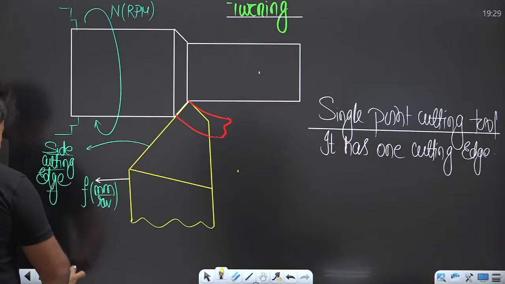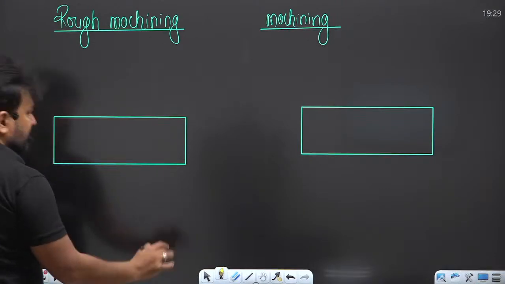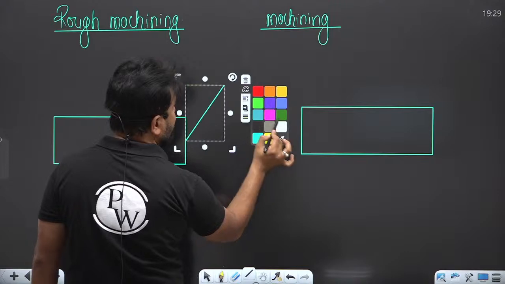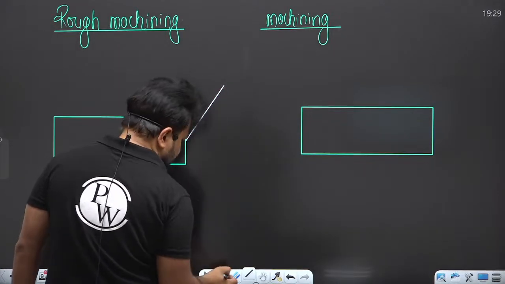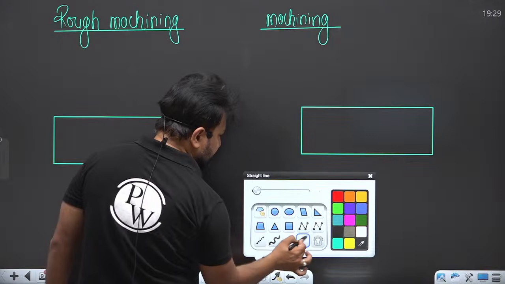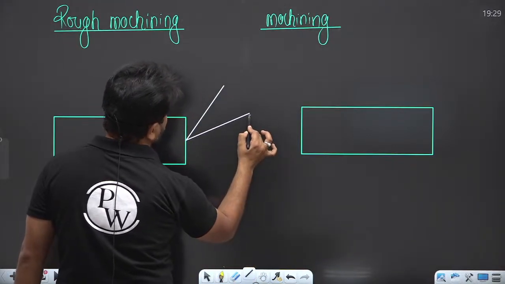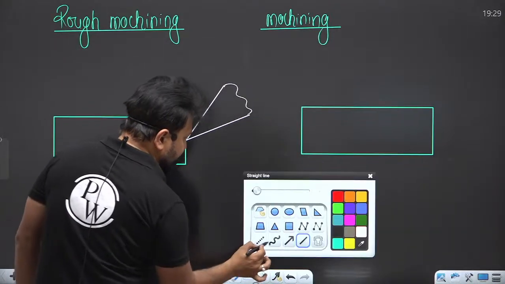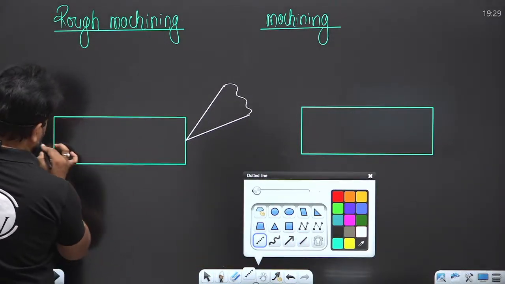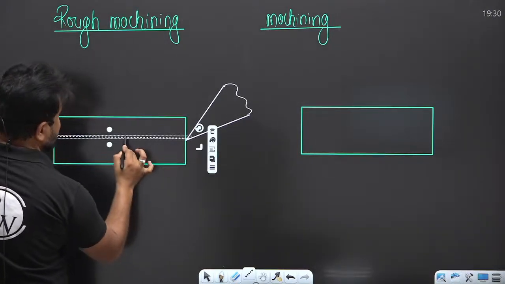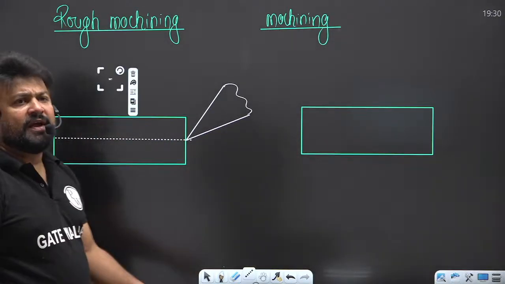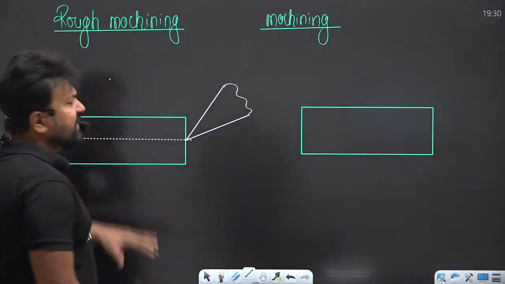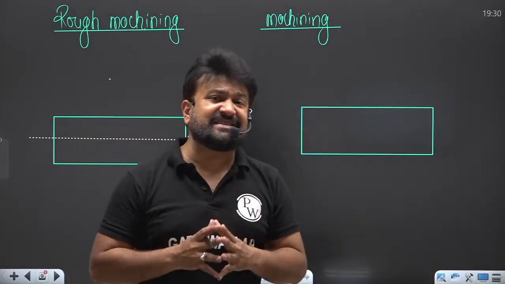My dear, suppose that you are doing rough machining. Here you can see that you are removing a bulk amount of material. In rough machining, it is not necessary that you will get the desired dimension.